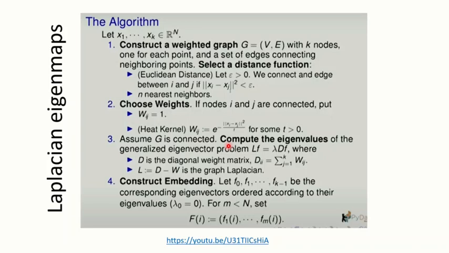Make those values higher, and for long distance, make those values lower. Then you compute two matrices. One is the D, a diagonal weight matrix.